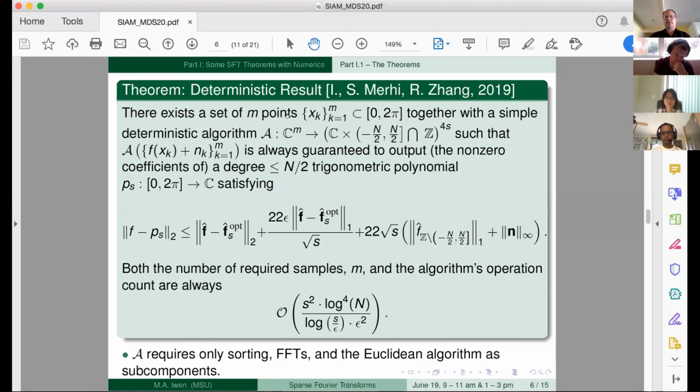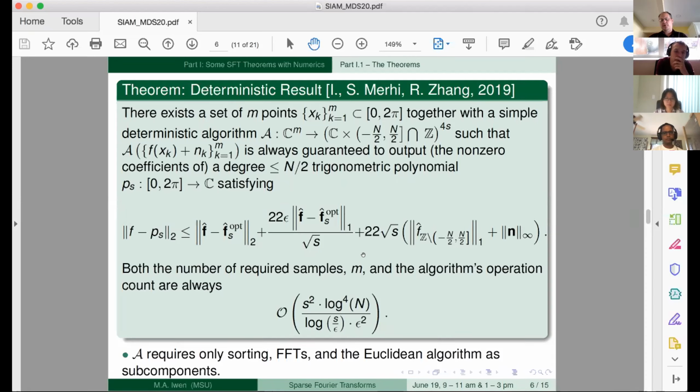And then there's an algorithm that'll take those function evaluations and spit out a 4s sparse trigonometric polynomial piece of s, let's call it, which is degree at most n/2. So you get your function evaluations, a sparse trigonometric polynomial is spit out, and it's guaranteed for whatever f you've given me to satisfy this terrible looking error guarantee that we'll talk about in a second. This is a best s term error guarantee with some extra decorations that I had mentioned before.